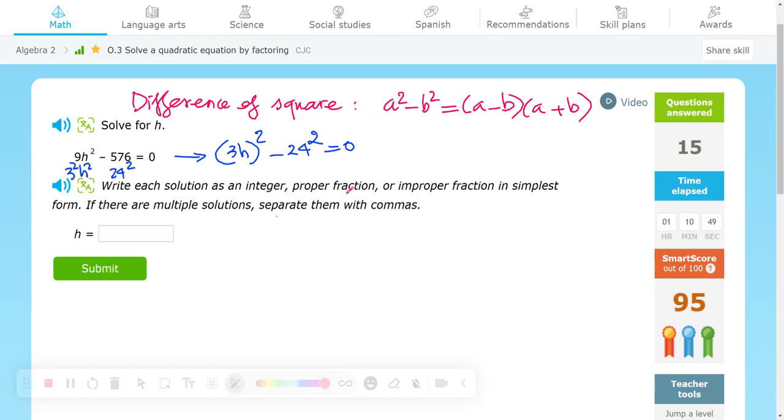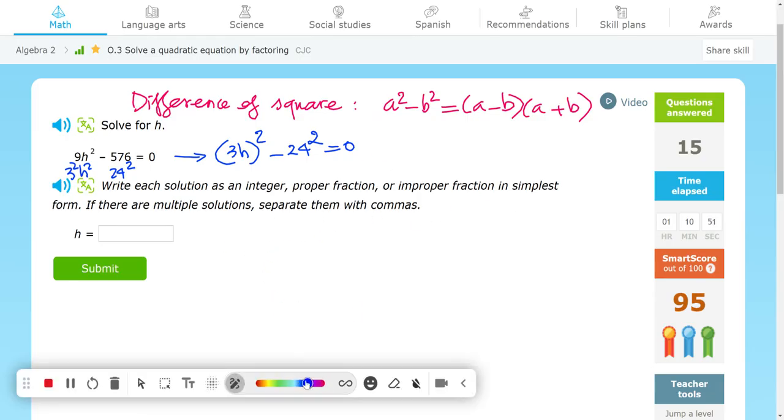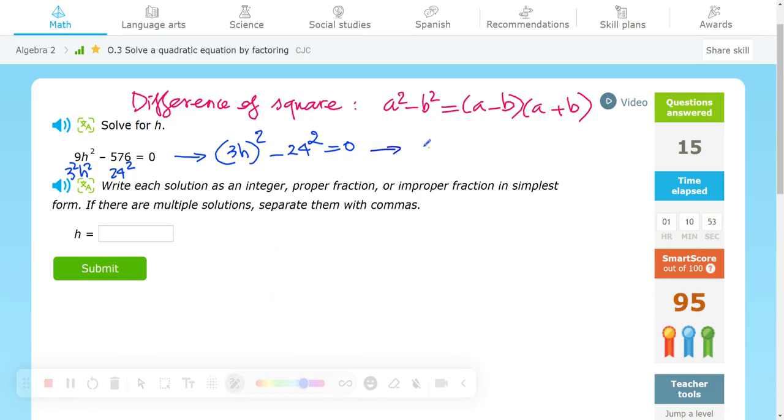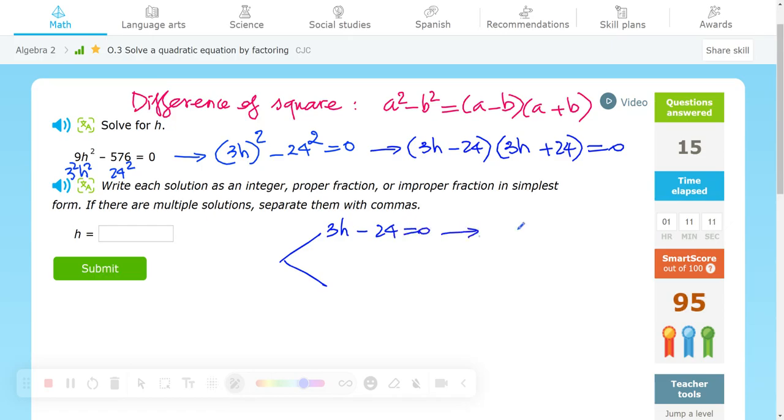Now I can write this. It becomes 3h subtract 24 and then 3h plus 24. So you got 2 factors multiplying equals 0, so you set up each of them equals 0. 3h subtract 24 equals 0, so therefore h equals 24 over 3.